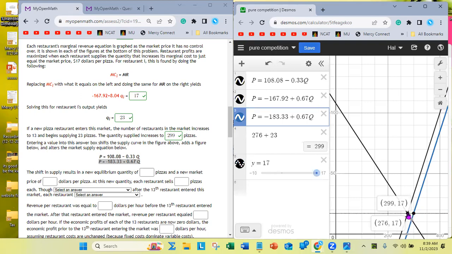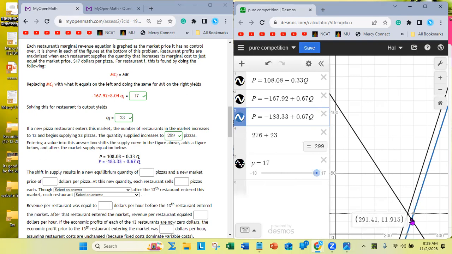And so as a result, what do the firms do? Well, they don't want their pizzas to go bad, so they scale back their production. Together, they'll produce only 291.41 pizzas. They'll scale back production, and that pushes the price down to the market price of 11.92. Okay, so the shift in supply results in a new equilibrium quantity.